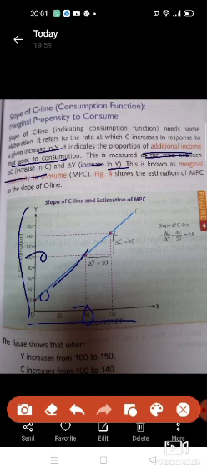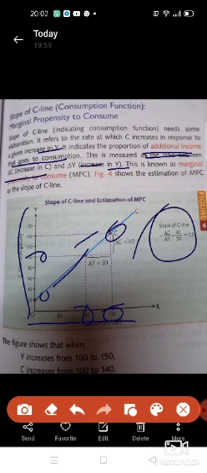This is the point where income and consumption are both equal. Now again your income increases, and your consumption also increases. Your consumption is 140 and your income is 150. This is the line, this is the slope, where income is saved. See the slope: change in C over change in Y equals 0.8.